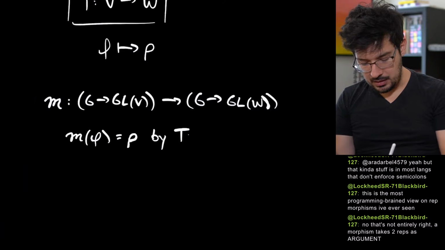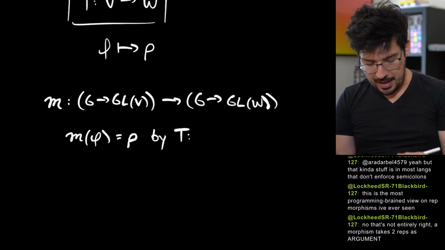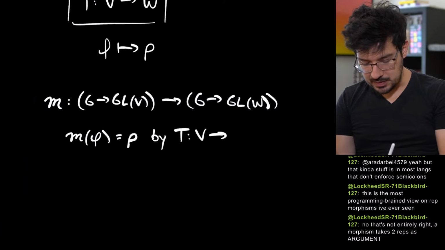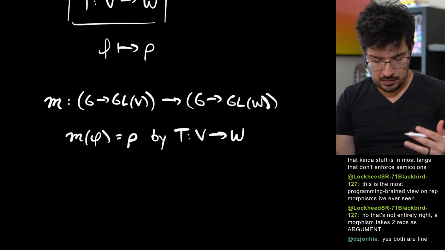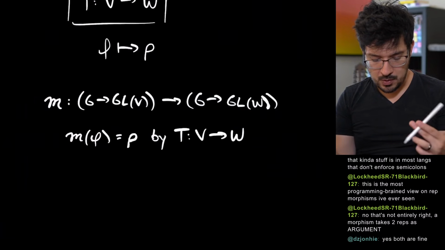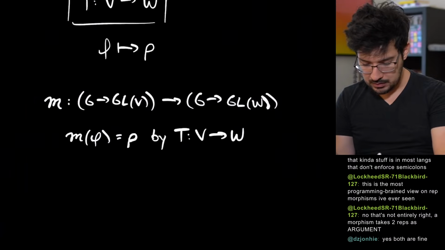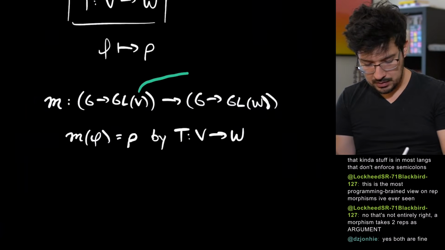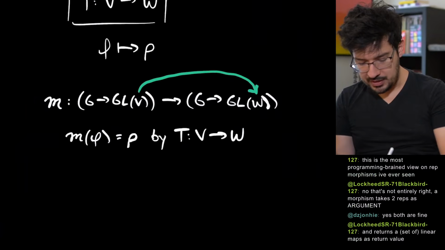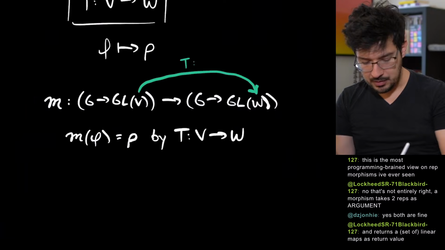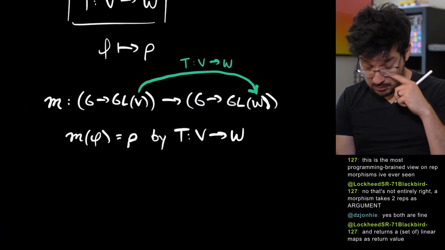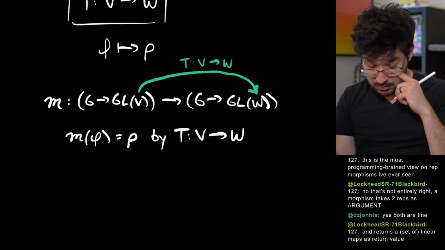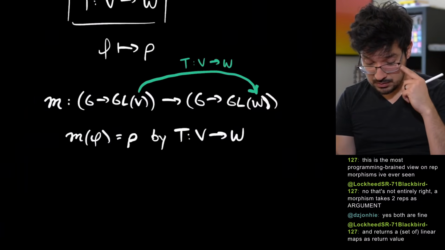By a linear map, it's implemented by this linear map from V to W. Now, does a morphism require... Can I define other morphisms that are not built from linear transformations?